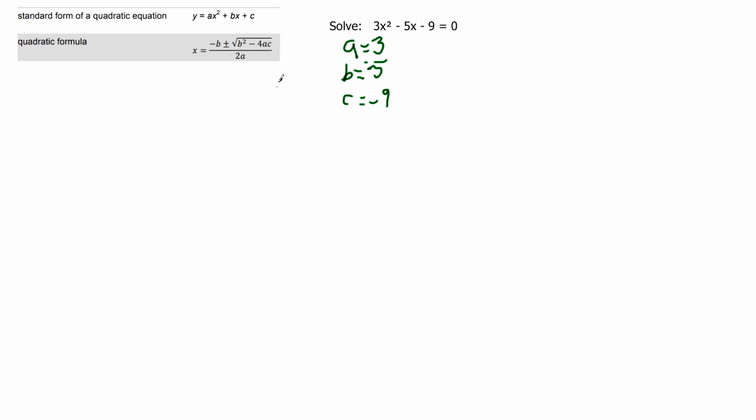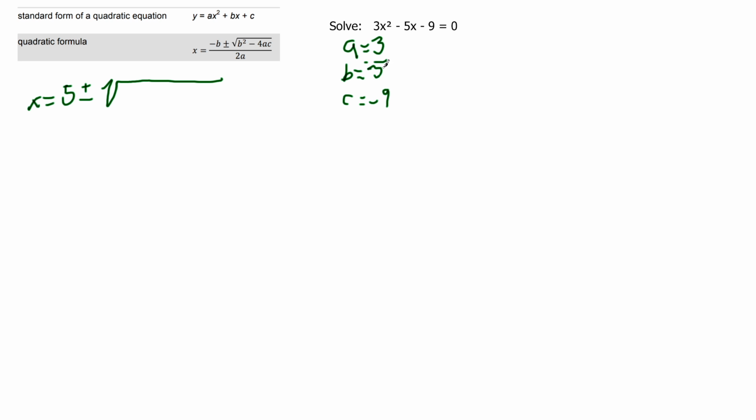Now all we have to do is plug these numbers where they should be in this equation and solve. So we have x equals negative b. Our b is negative 5, so negative b would be a positive 5. So x equals 5 plus or minus the square root of b squared.